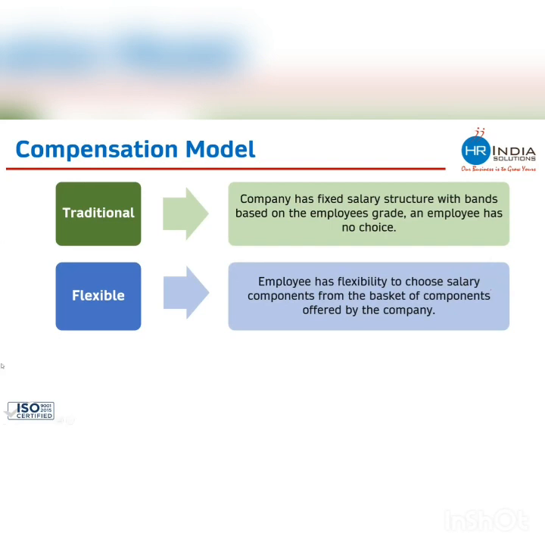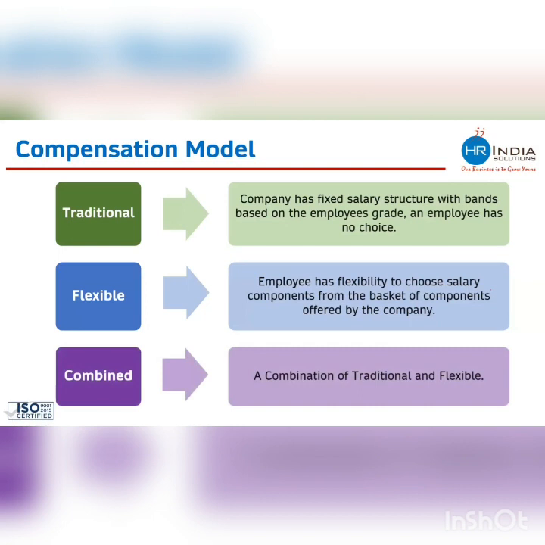This kind of option where the employee has some option to pick their pay or salary is known as the flexible compensation model. We are going to show all these examples in the coming slides. Then there is a compensation model which is called the combined compensation model.